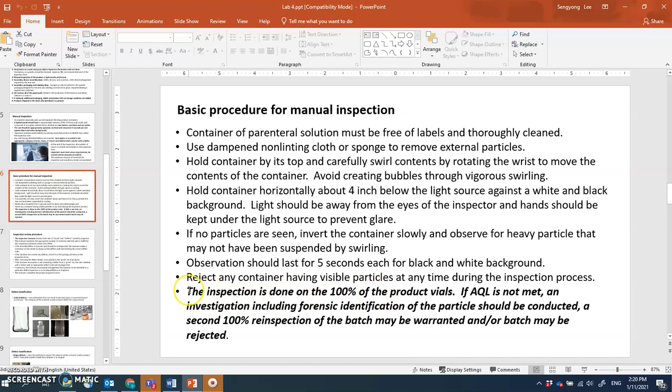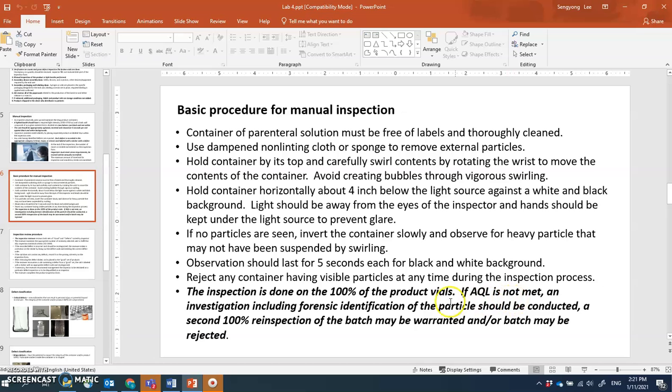The rule is, again, all the vials should be inspected 100%. If the AQL limit is not met, meaning your defects are exceeding the limit, that's a problem. Then an investigation, including forensic identification of what those particulates are and where they are coming from, should be conducted.